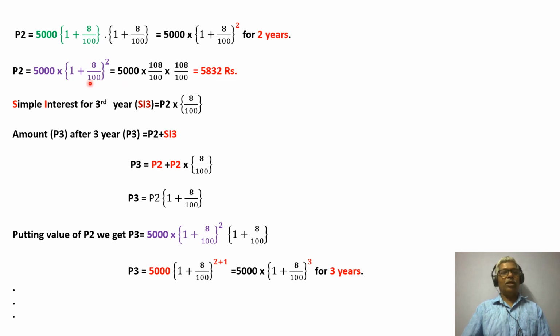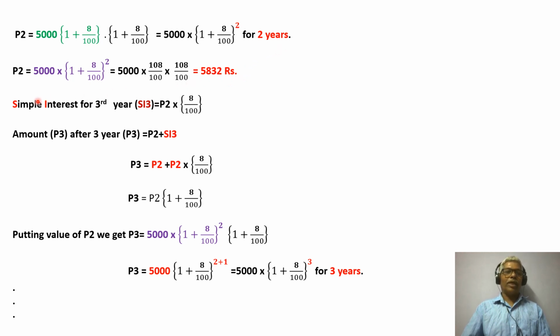P2 is the principal after 2 years, 5832. It has increased because we are adding simple interest to the principal. Initially it was 5000, then 5400, and now it has become 5832 at the end of 2 years.